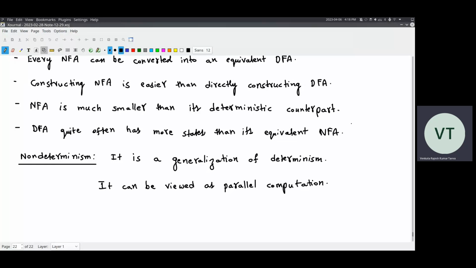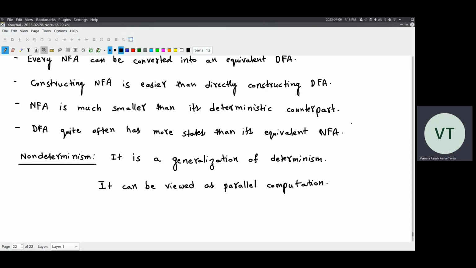So this is like having multiple threads at the same time. It makes our job easier, both in terms of constructing the machine and also, if you want to simulate it on a parallel computer, it will do the job faster. So that's a simple way of understanding non-deterministic computation.